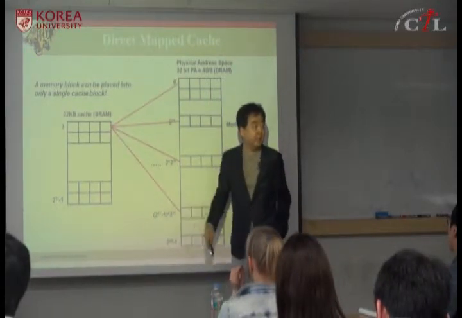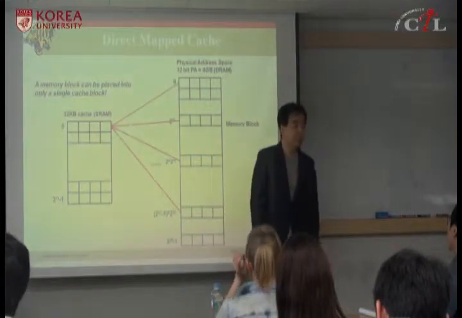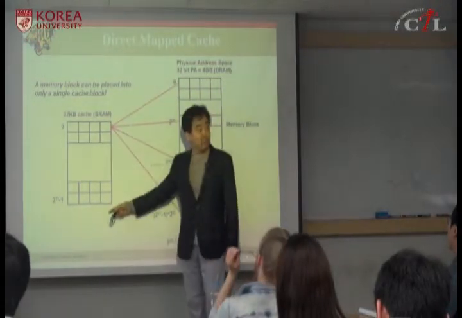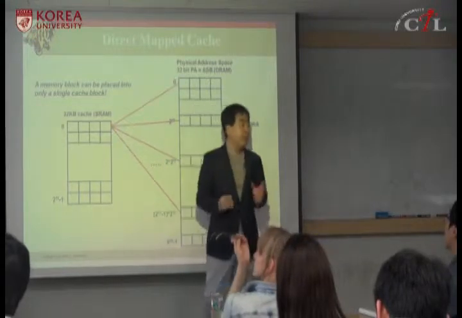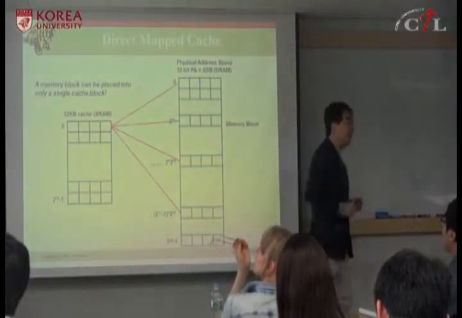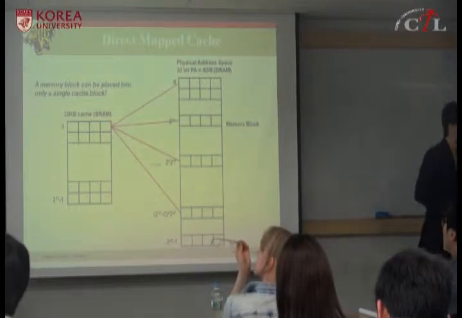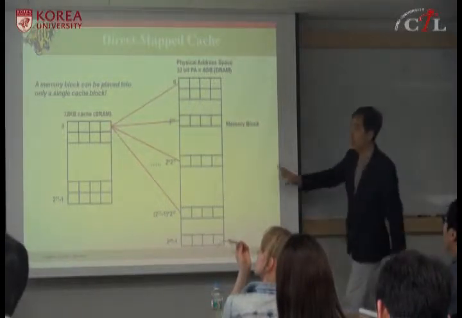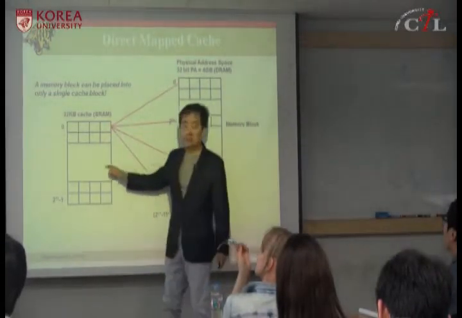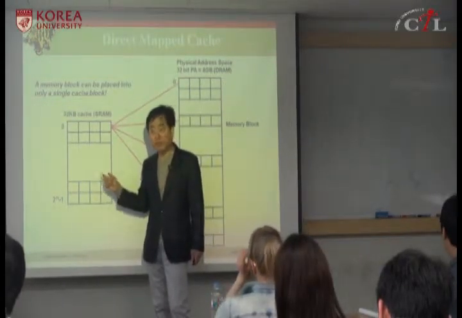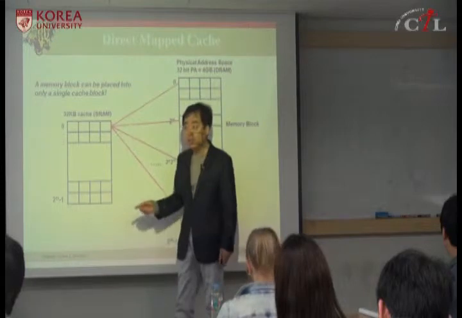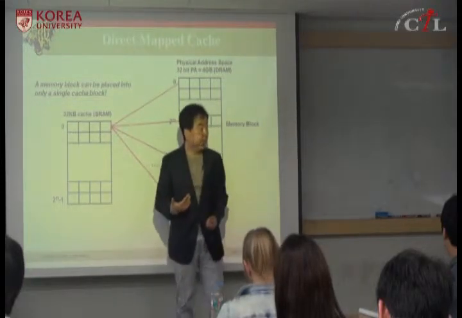The index tells you which cache block I have to look up to determine hit or miss, because for every memory block, there is only one location I can go into. So using the 11 bits, I can identify the cache block I have to look up. And I have to compare the tag. If the tag is equal, then I have a cache hit.